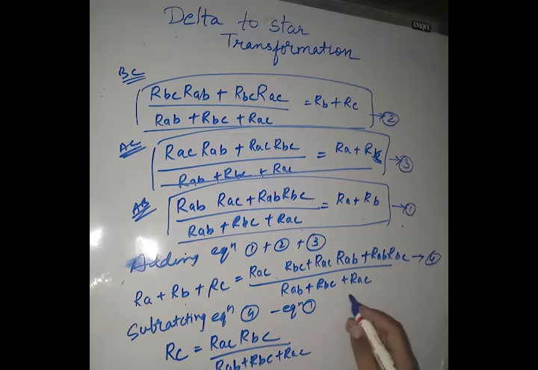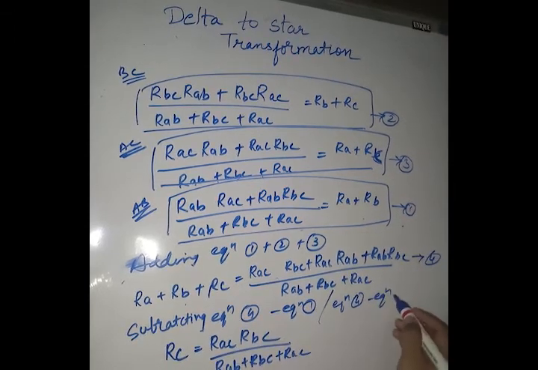So similarly, upon subtracting equation number 4 minus equation number 2, we will get the formula for RA, and upon subtracting equation number 4 minus equation number 3, we will get the equation for RB. So this was the derivation.